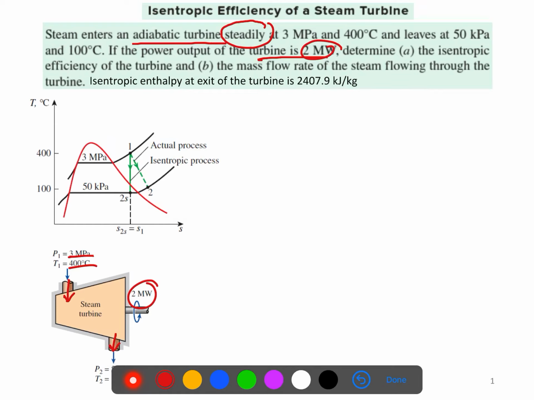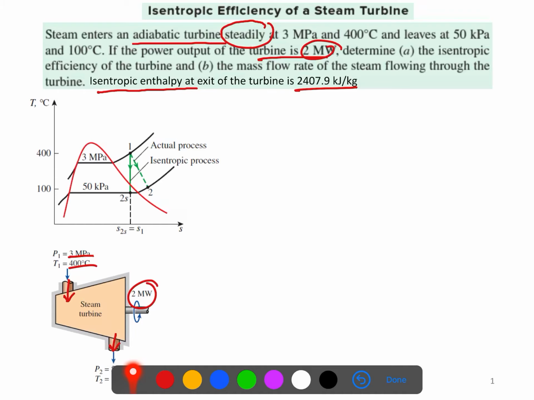Another important piece of information given here is the isentropic enthalpy at the exit of the turbine. So it is given, it is 2407.9 kilojoule per kg. This is given, and that makes our life easier. I will discuss that gradually. So what we need to do, guys, is at first calculate the efficiency of this turbine, right? And then finally the mass flow rate.